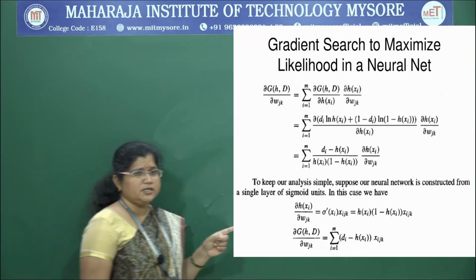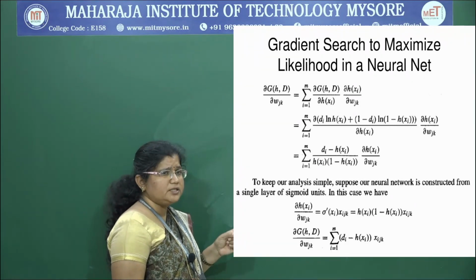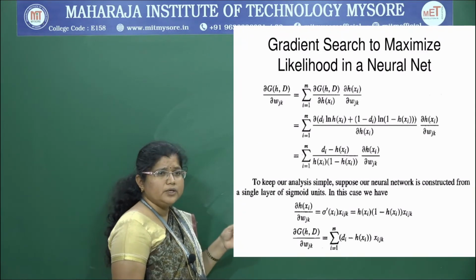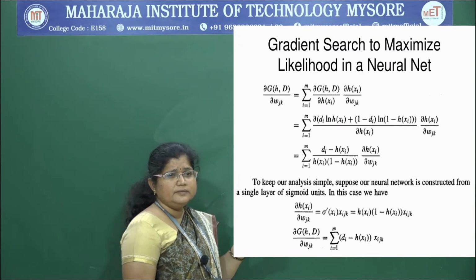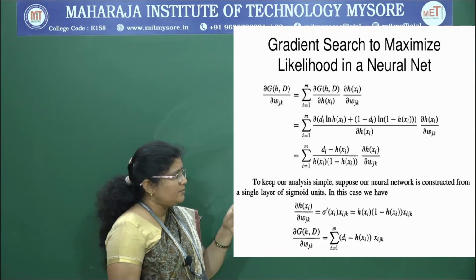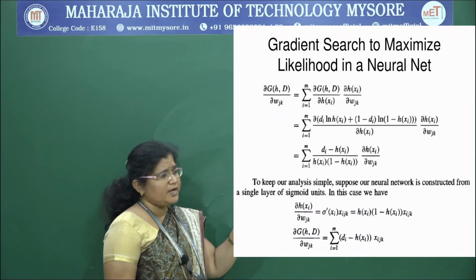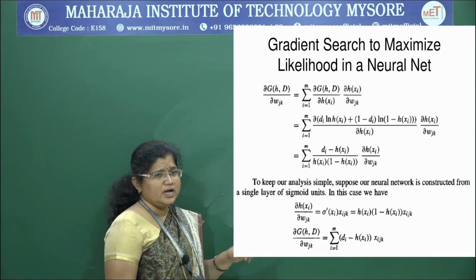After having the partial derivatives, we obtain the equation in this form: the summation of i equal to 1 to m of the partial of d_i ln h of x_i plus (1 minus d_i) into ln of (1 minus h of x_i), divided by the partial of h of x_i.